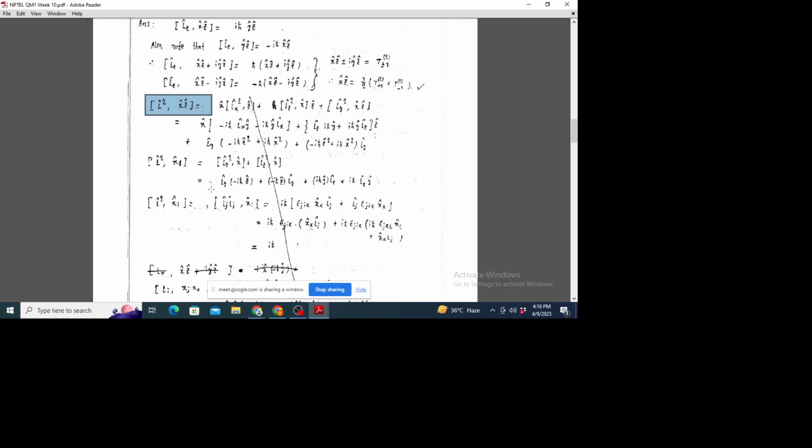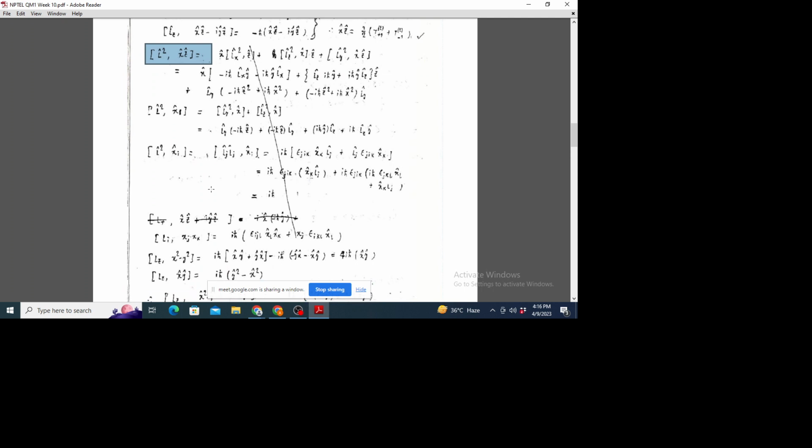You must not take the commutation with L squared. That is not the definition of irreducible spherical tensors. You have to only compare with the commutators with Lz and L plus minus. Okay, so this is a lesson.